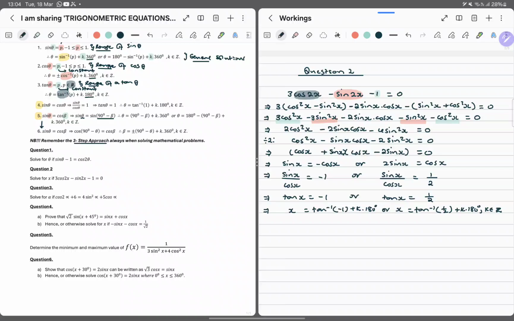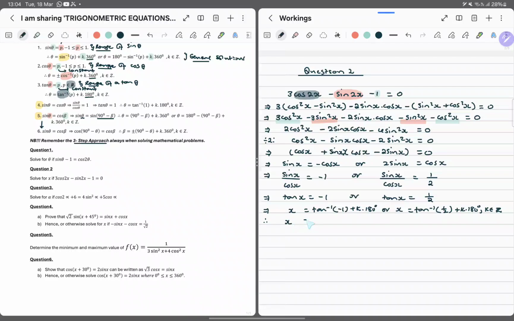Now, this is what we do. As you can see, our notes on the left hand side are guiding us. For tan, we don't need to consider anything because the period is much shorter, so everything repeats much faster, so 180 is good enough.